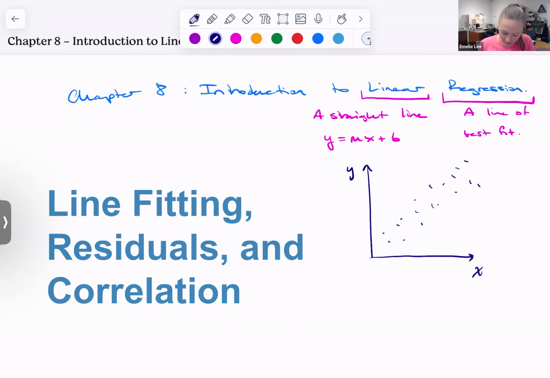And back then, what we did was we said, okay, a line of best fit, I'm just going to look at it and say, hey, here's my line of best fit, maybe. Seems reasonable, right? But there are tools that we use, and so those tools are called regression.